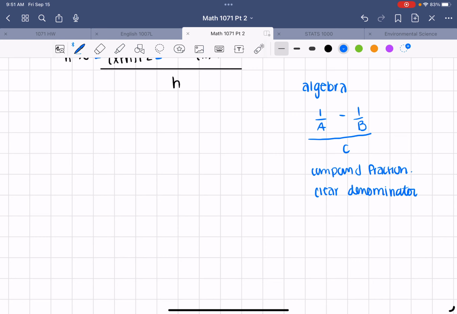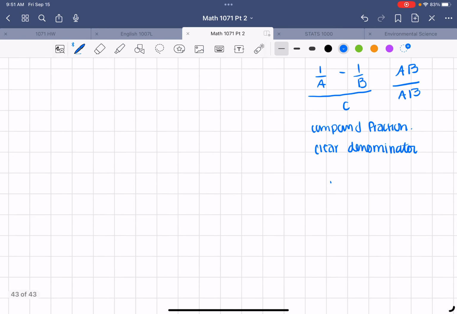Do you see why that works? 1 over A times AB is B. 1 over B times AB is A, over C times AB. Do you see in one stroke I cleared my denominators? That's the easiest thing to do.